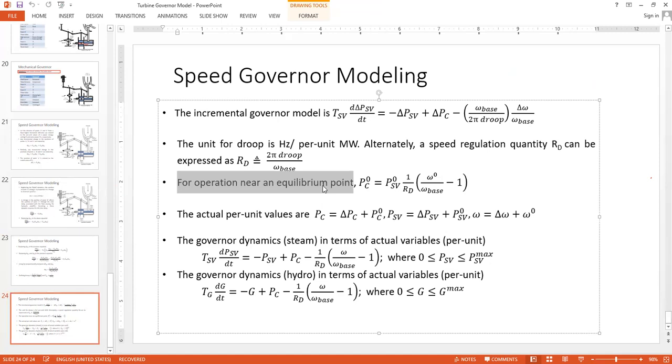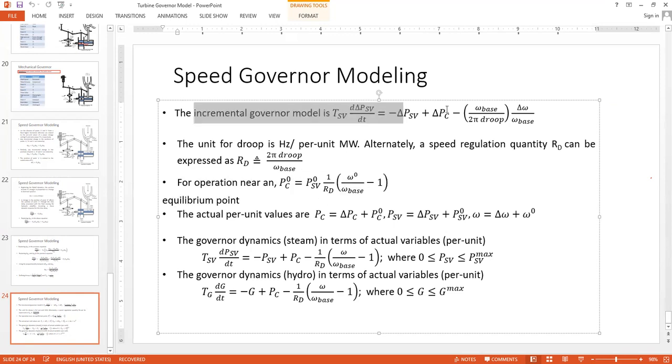From there, we have a small deviation, and we look at the disturbance response for the dynamics. So this is the corresponding equilibrium point for which this incremental governor model will remain valid.